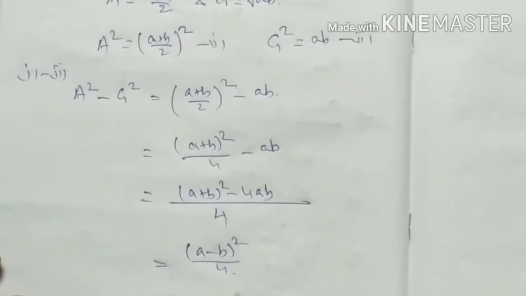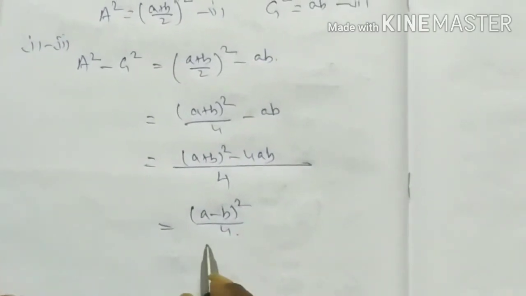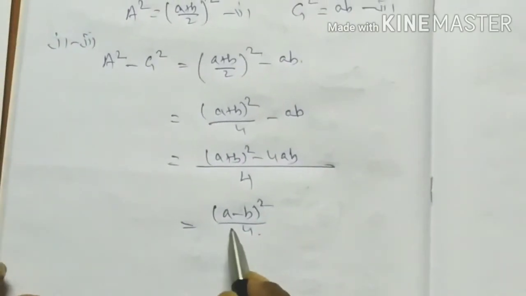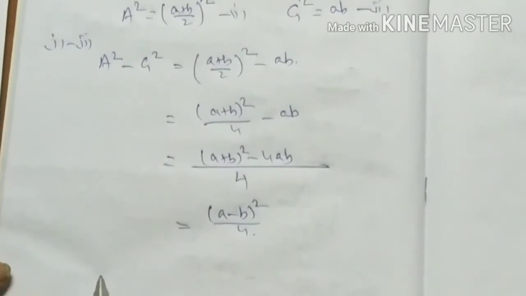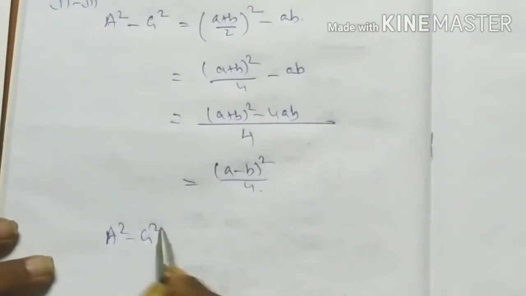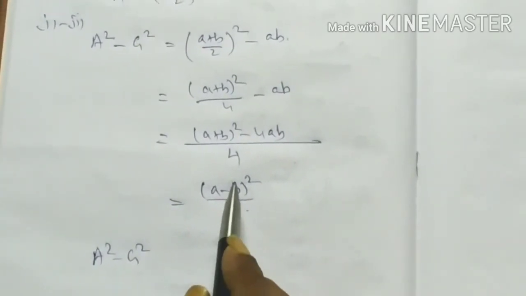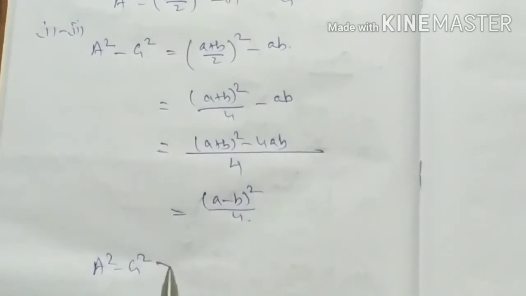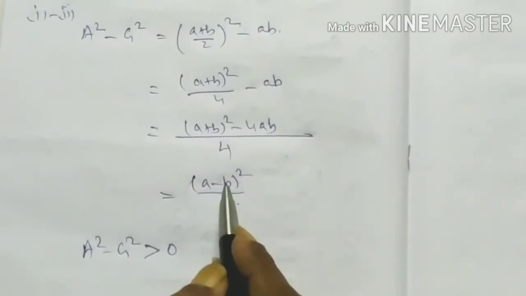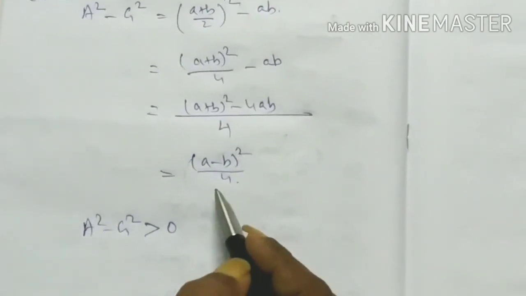So from this we conclude that the difference A square minus G square is a positive quantity, that means it is greater than 0. This is a positive quantity because it is a square, so it is always positive.